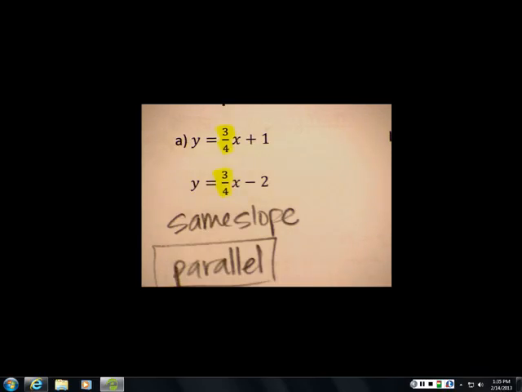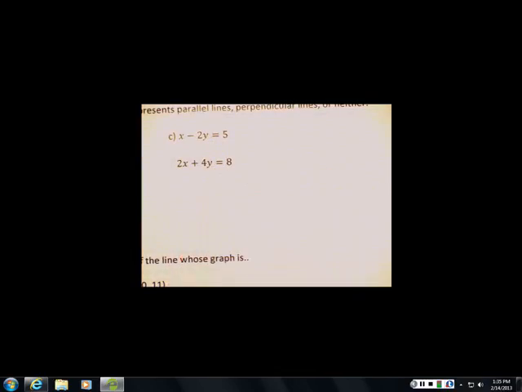But I do want to talk about C before I leave you on your own here. Notice that these are not in slope-intercept form. So I can't just highlight something and say, oh, look at this part. This is how you're going to make your decision. I can't do that.